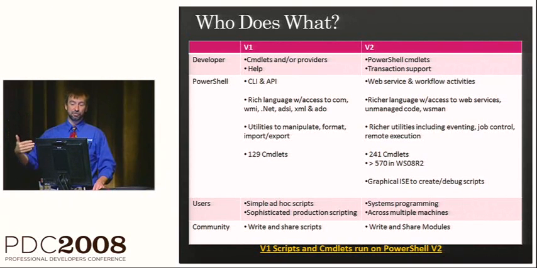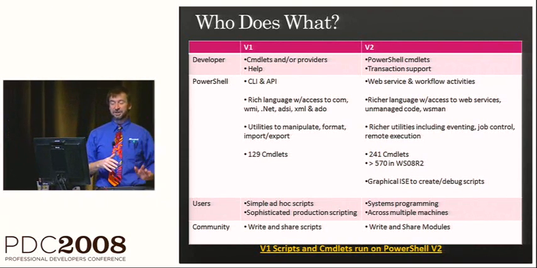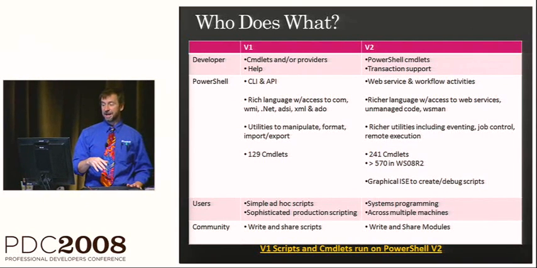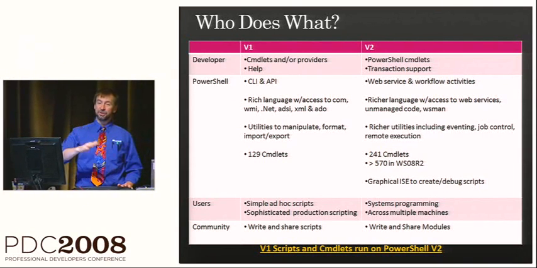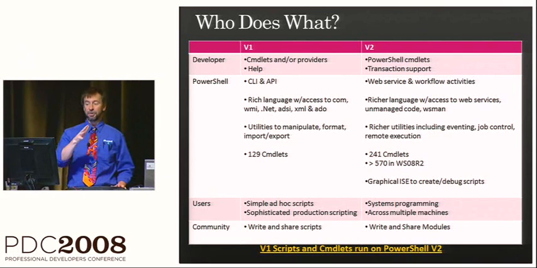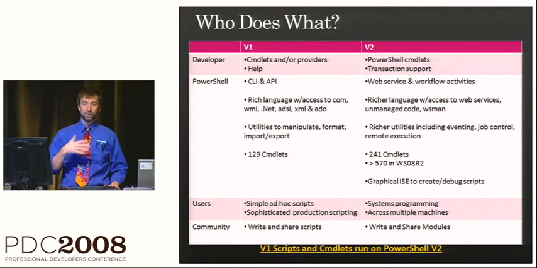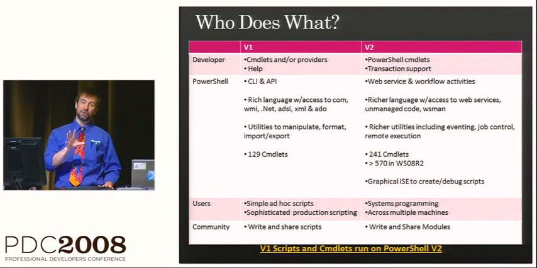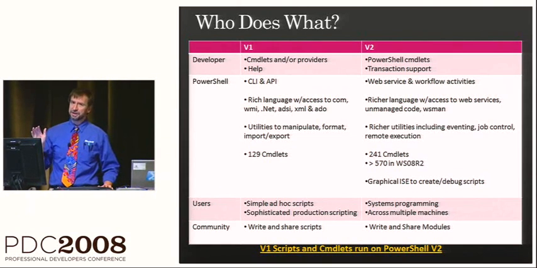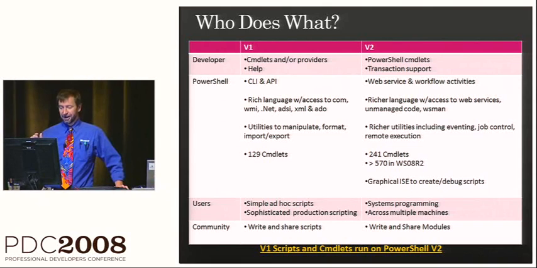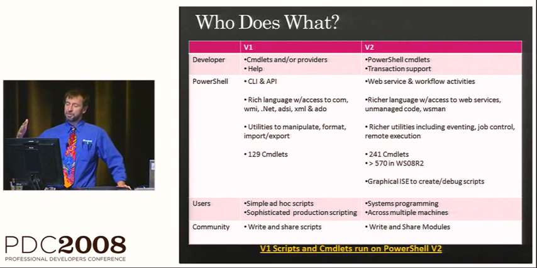The language gets richer. We get access to web services, unmanaged code, WSMan. The utilities get richer. We get job control, eventing, remote execution. We now have, in PowerShell itself, 241 commandlets. I think that's actually higher now. And in WS08 R2, there are over 570 commandlets. So lots of momentum.